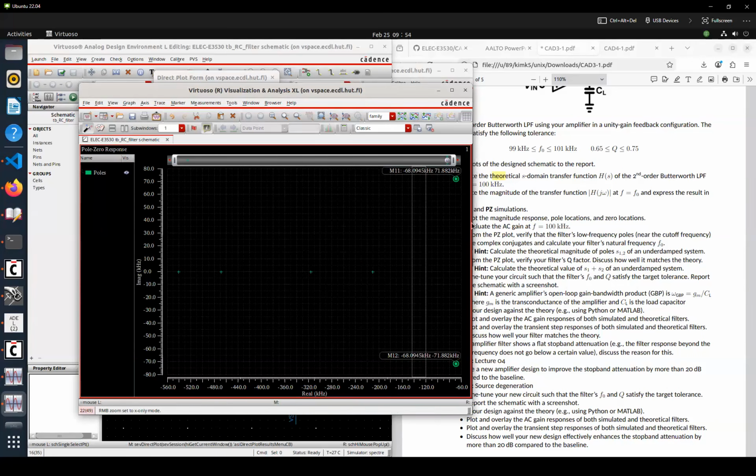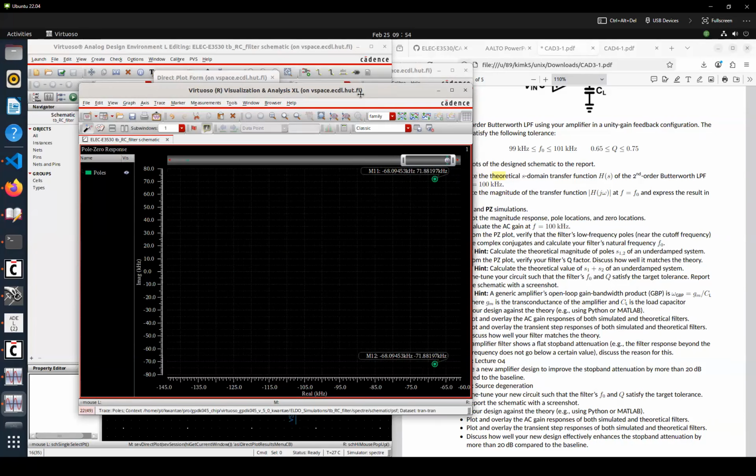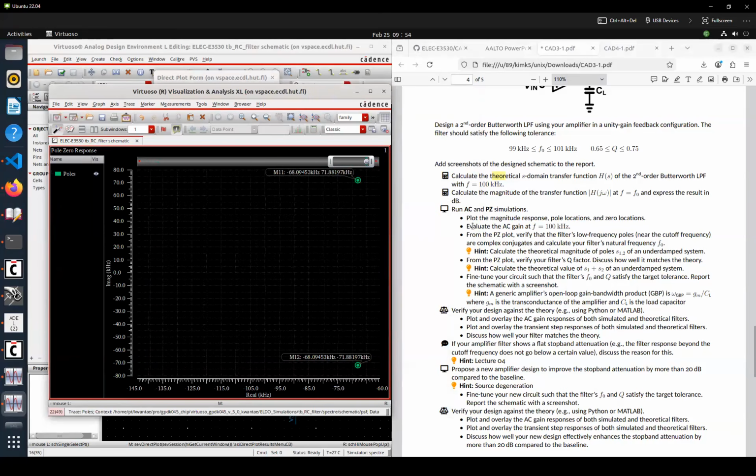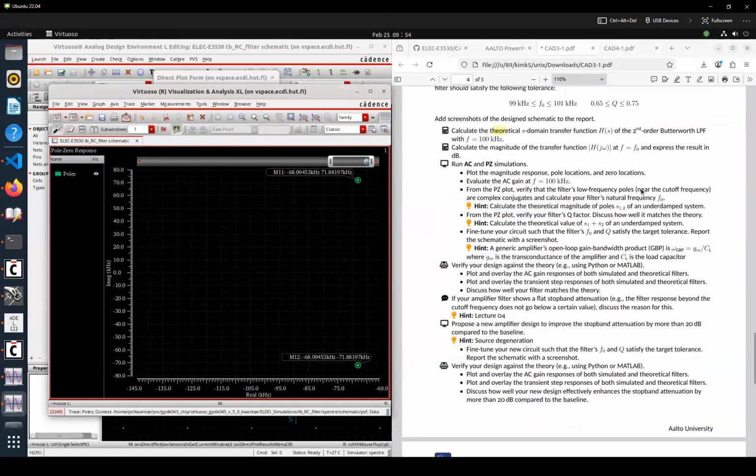So we can approximate this system as a two-pole system, this way. And low frequency poles are here, right? Because it is closer to 100 kilohertz. And calculate the theoretical magnitude of poles, which goes to natural frequency. So we are already doing that here.